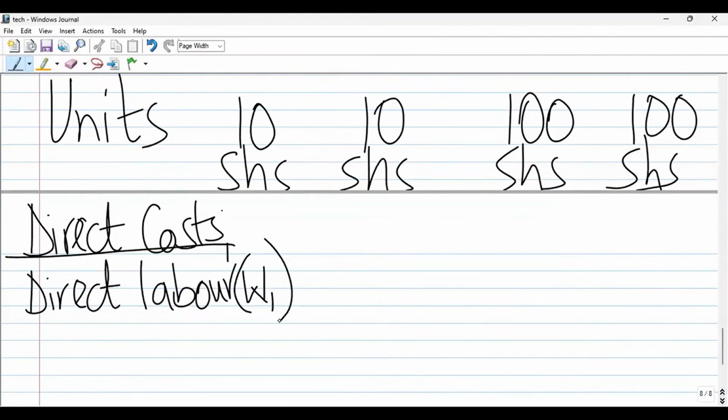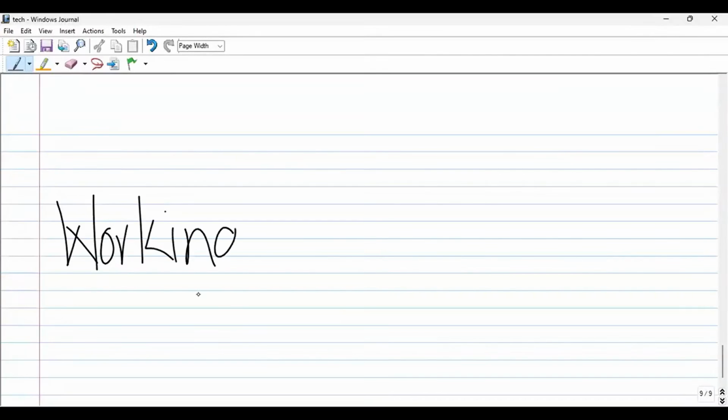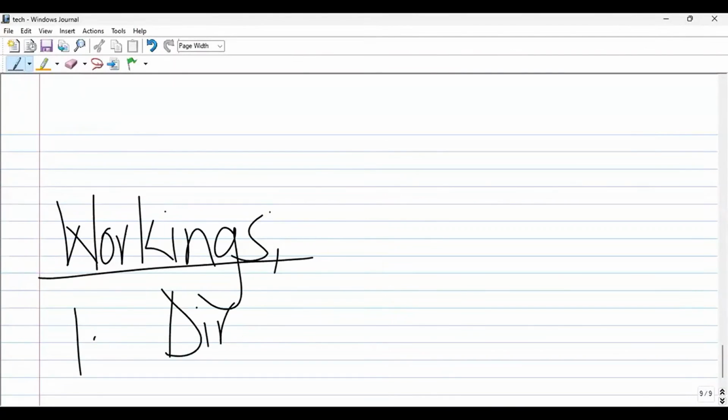So in MDC, when we have computations to do, especially if those computations are detailed, we create workings. So for direct labor, we are going to create a working and we say working 1. So I create a page for workings. Working 1, direct labor.